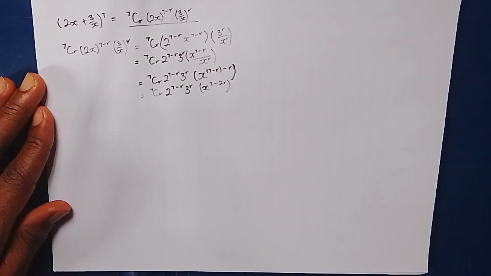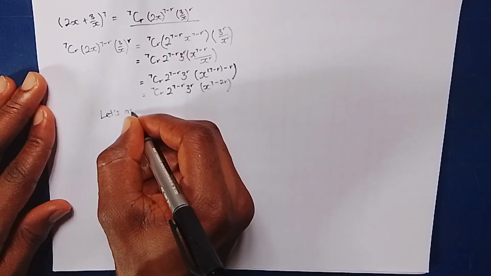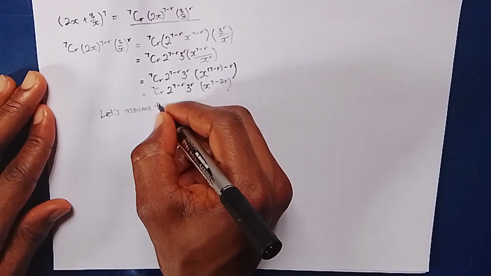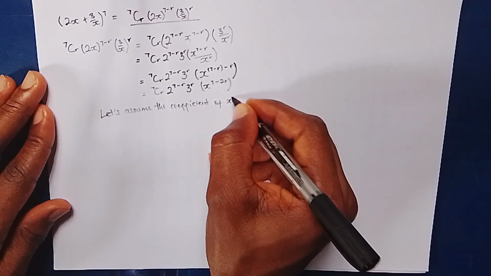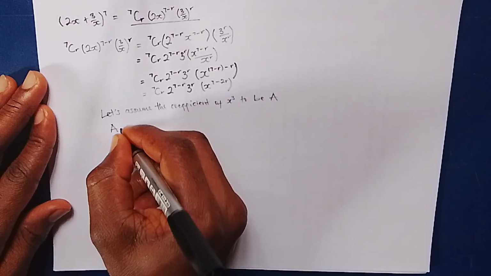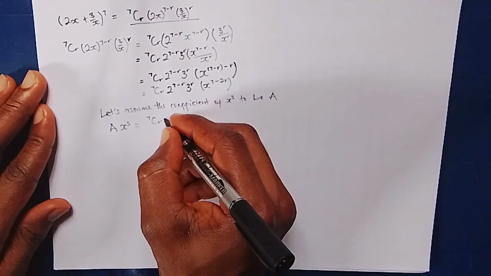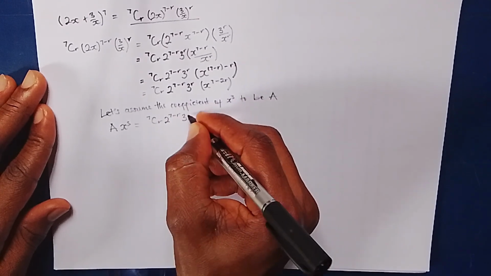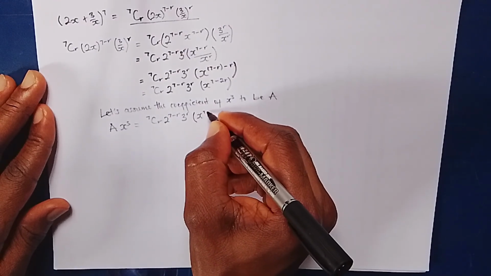Now, remember we are asked to find the term and the coefficient of x cubed. So it's safe to say, let's assume the coefficient of x cubed to be a. So we can say a times x cubed is equal to 7Cr, 2 raised to power 7 minus r, 3 raised to power r, x raised to power 7 minus 2r.